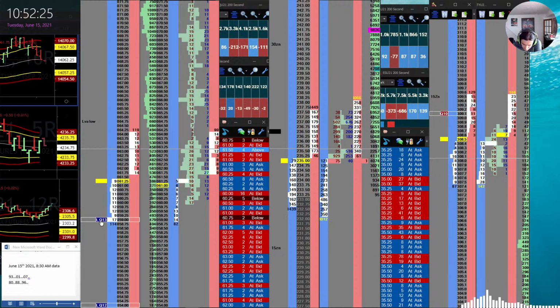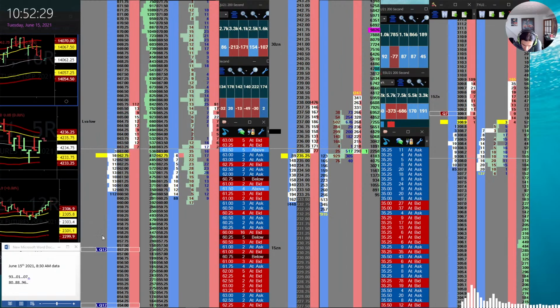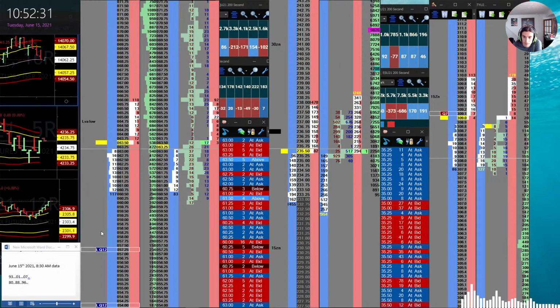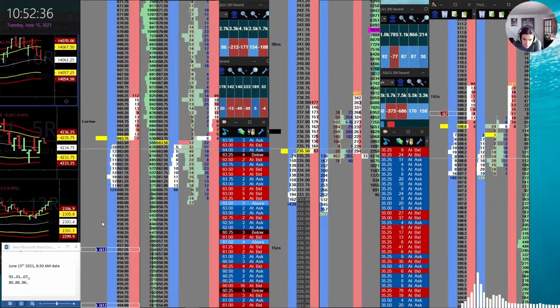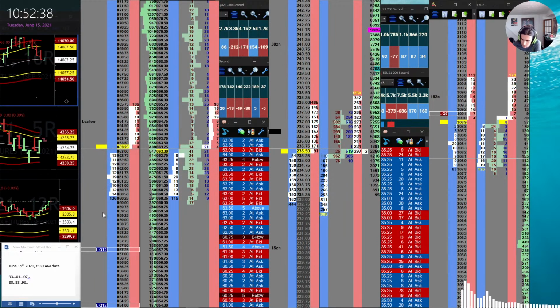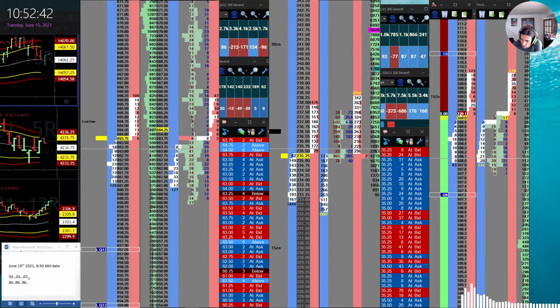Too slow. Nice Q in the 59. I just pulled it because it's coming too slow. Got filled on this one on the ruts at 091.